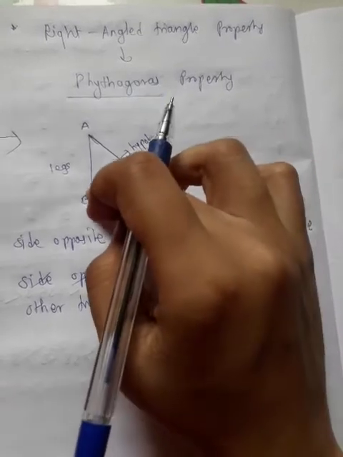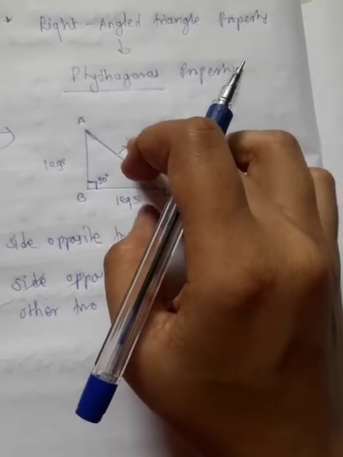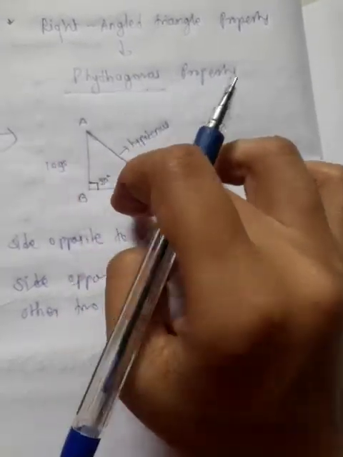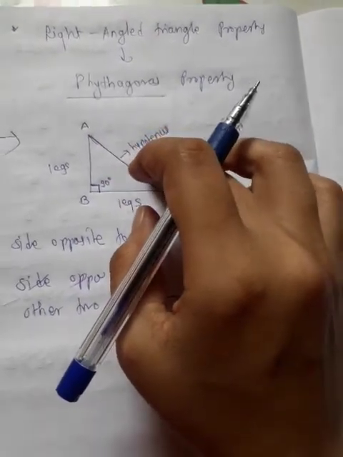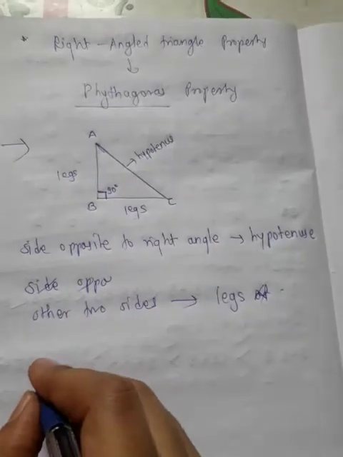The side opposite to the right angle is called the hypotenuse, and the other two sides are called legs. Here this is the hypotenuse of right angle triangle ABC, and the other two sides are legs of right angle triangle ABC. Remember that in a right angle triangle, the side opposite to the right angle is called the hypotenuse, and the other two sides are called legs.